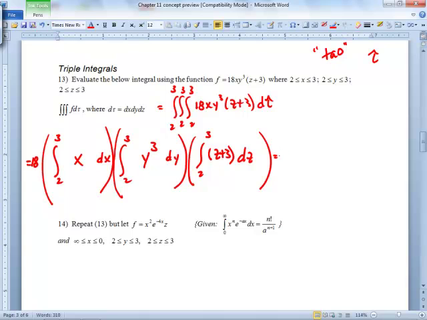So what do you get? 18 times what evaluated from 2 to 3? X squared would be, the derivative of x squared is 2x. X squared over 2. Okay. What evaluated from 2 to 3?